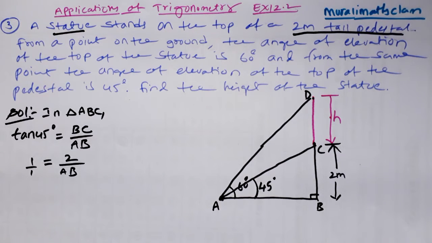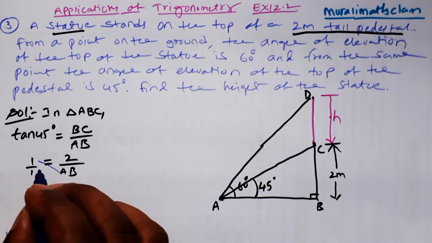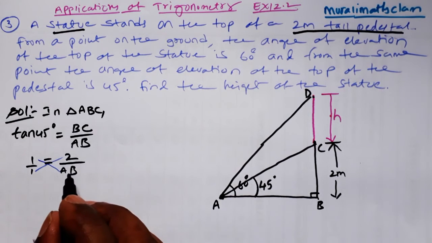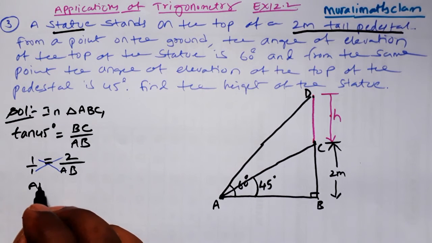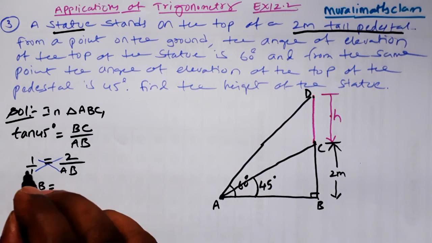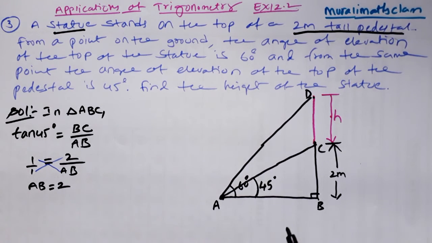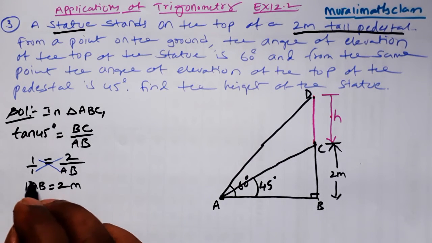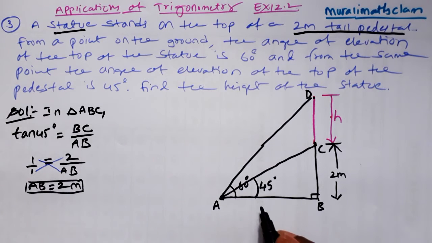Then do cross multiplication: AB into 1, AB equals 2 into 1, which is 2. So AB we got is 2 meters.